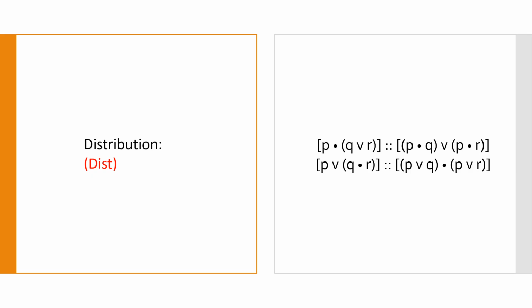If the original statement is P or Q and R, this is logically identical to saying P or Q and P or R, and of course the other way around as well.